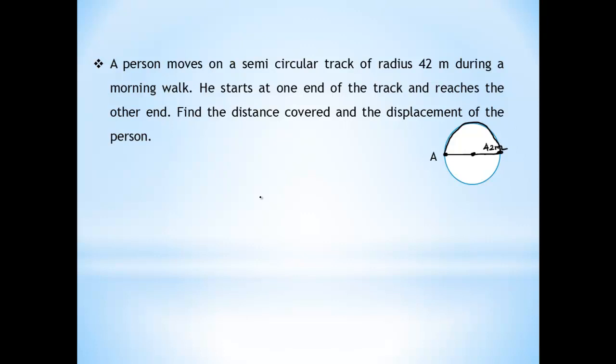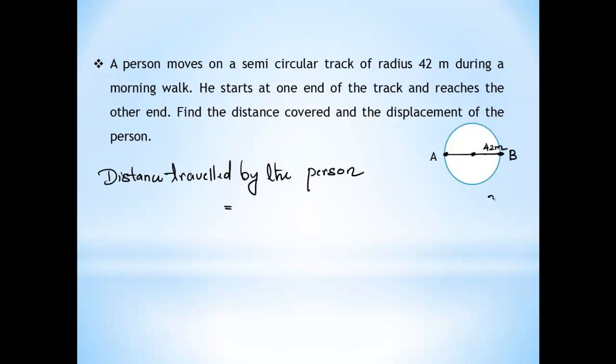We want to calculate the distance traveled by the person. That should be equal to the circumference of a semicircle. In the case of a full circle, you know that the circumference is 2 pi r. In the case of a semicircle, you have to divide it by 2. So the distance traveled by the person is equal to pi r. We know the value of pi is 22 by 7 and r is 42 meter.